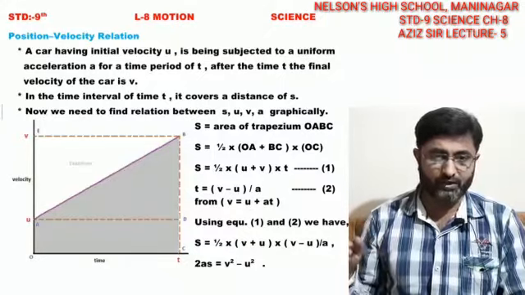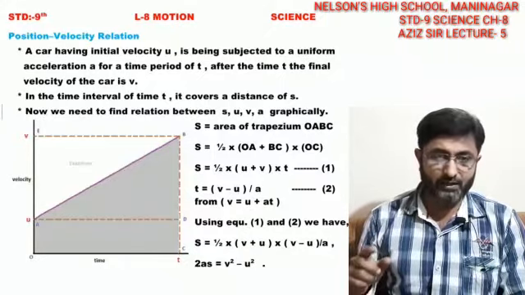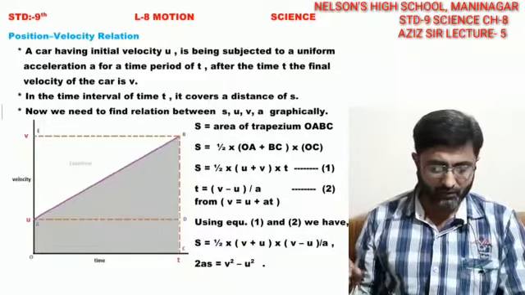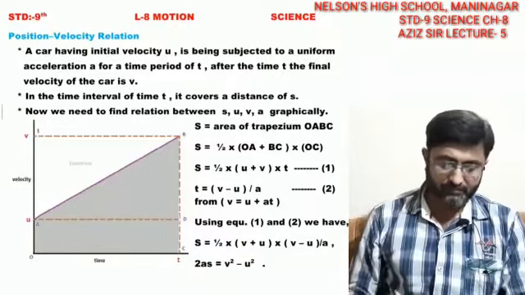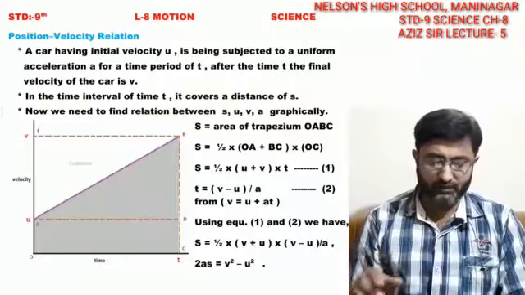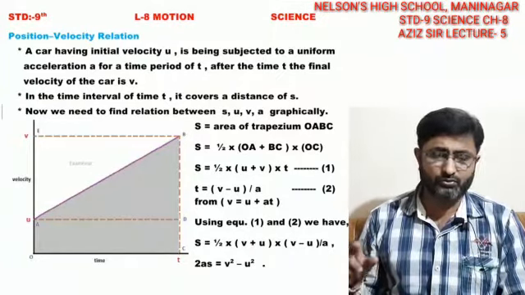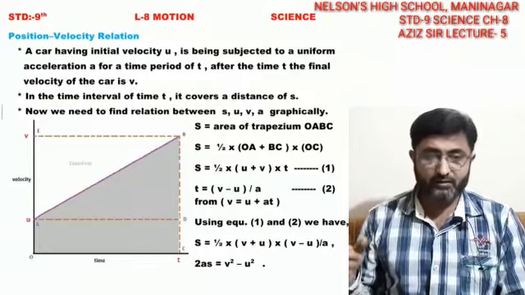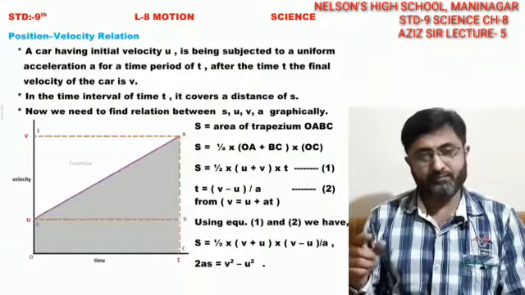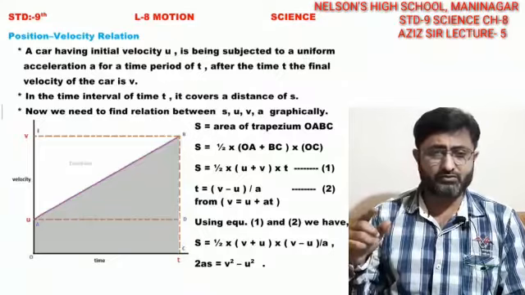So half of OA plus BC multiplied by the perpendicular distance between them, that is OC. Now, placing again the values that we have derived before, that will be half into U plus V whole multiplied by T.